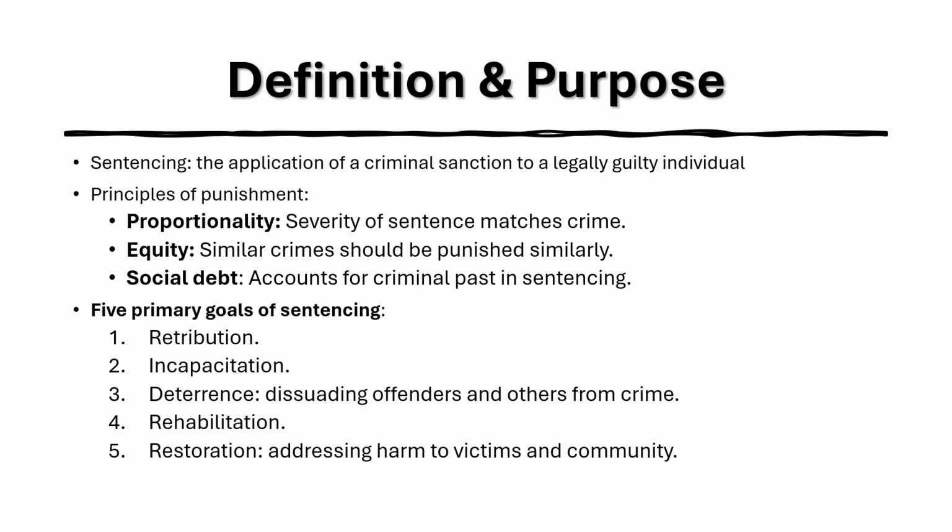So you have proportionality, which is that the severity of the crime matches the punishment. You have equality, meaning that similar crimes are punished similarly. And then you have this notion of social debt. Essentially, this says that the purpose of punishment is to repay society the debt that you incurred for committing the crime. Those are your three main principles of punishment.